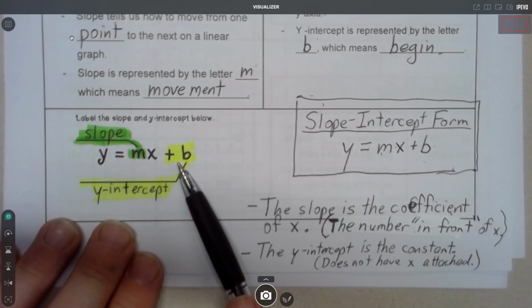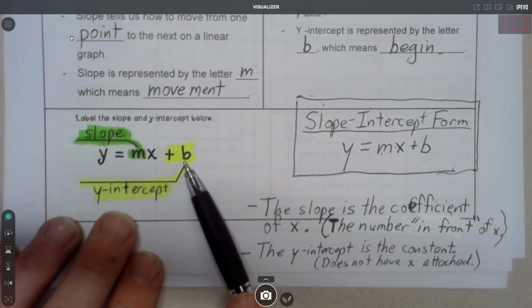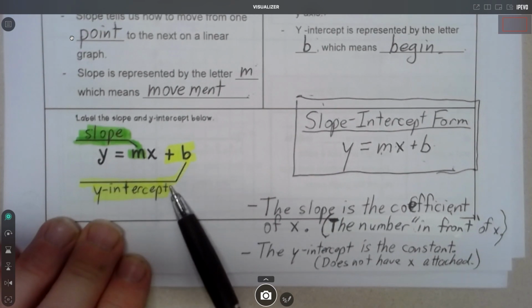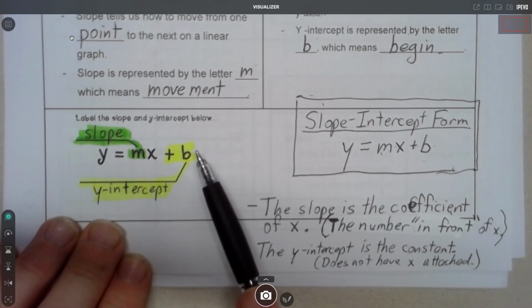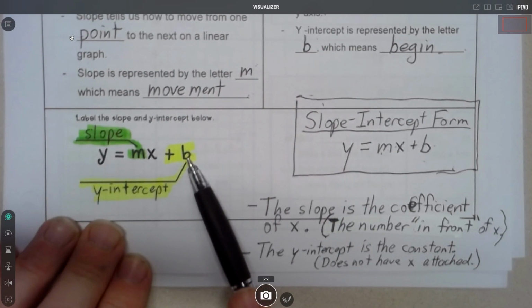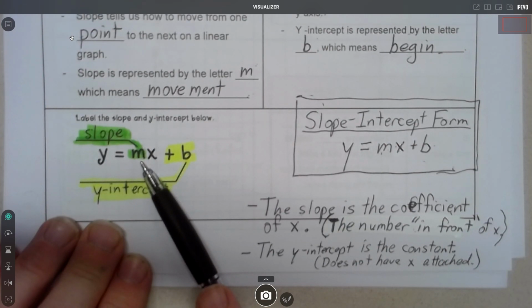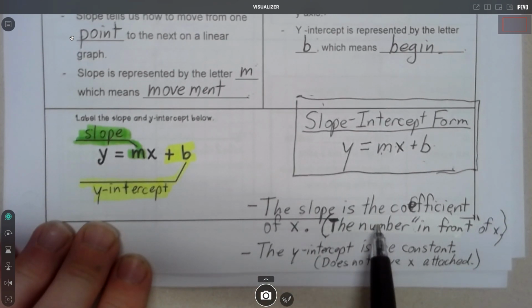The number that does not have x attached to it, we call it the constant, is the y-intercept. This is where we begin. We begin with this number on the graph. We use the slope to travel on the graph. So pause the video, take these notes quickly so you have them, and then we're going to try the first question.